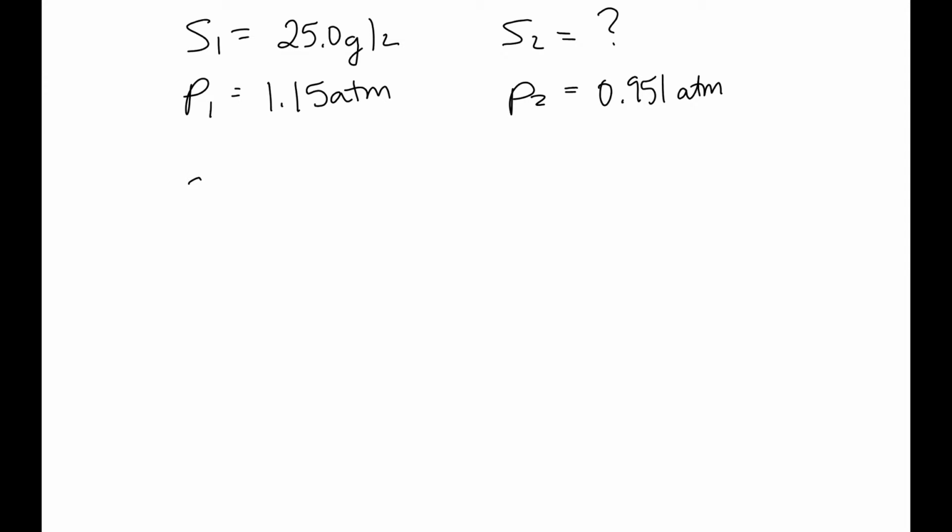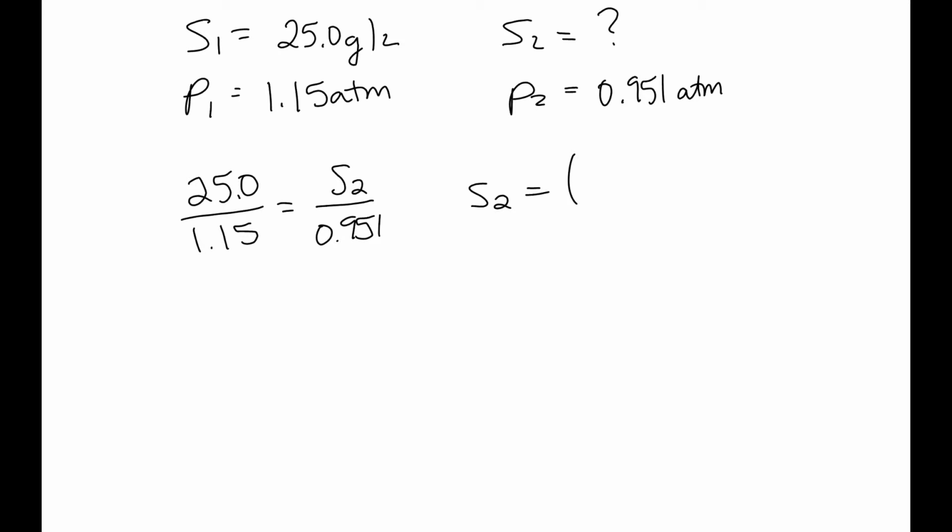So Henry's law is 25.0 divided by 1.15 equals S2 over 0.951. So S2 equals 25.0 times 0.951 all over 1.15.